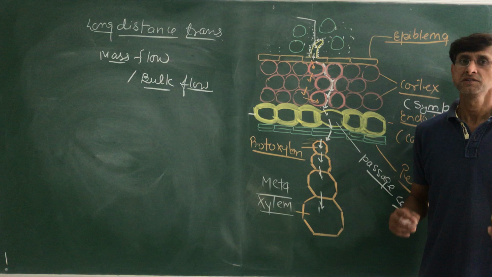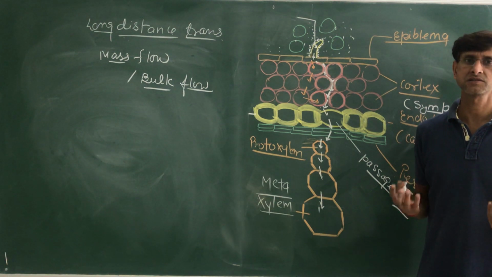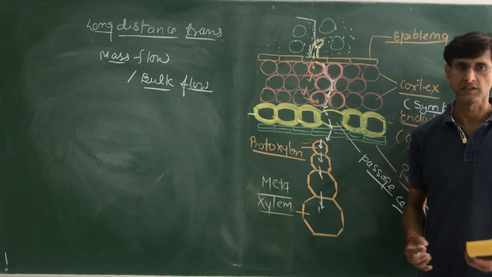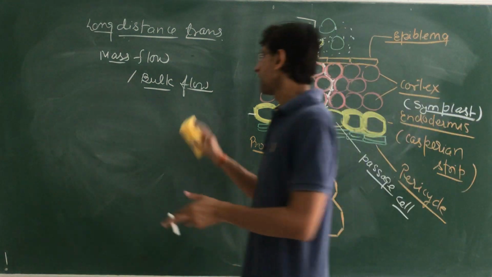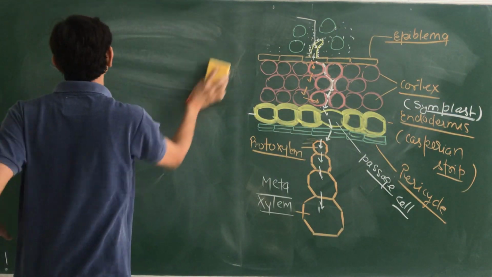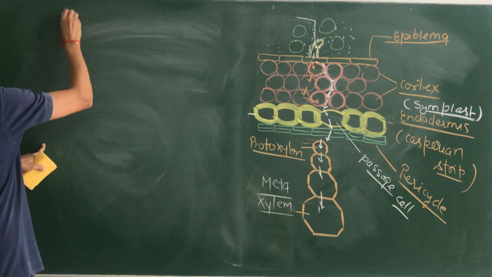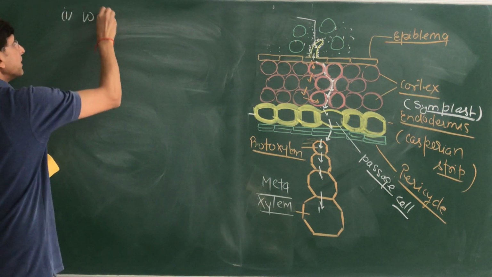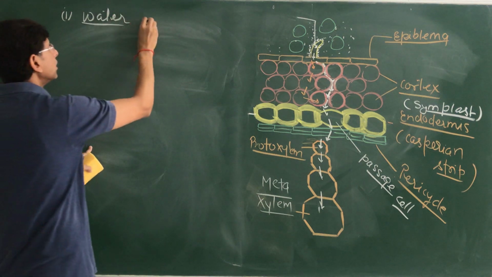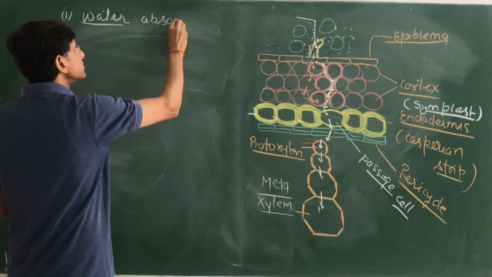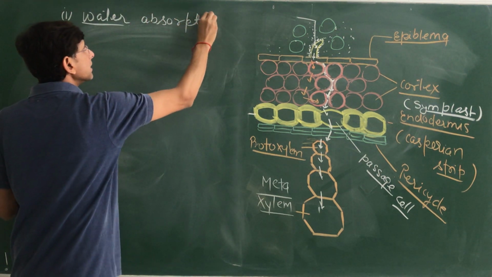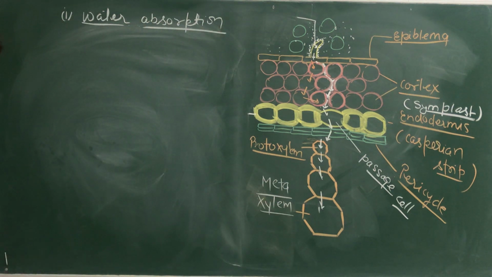Now we will discuss different types of long distance transport in the plant body. At first comes water absorption through the root. So our first topic of discussion will be water absorption. What does water absorption mean?